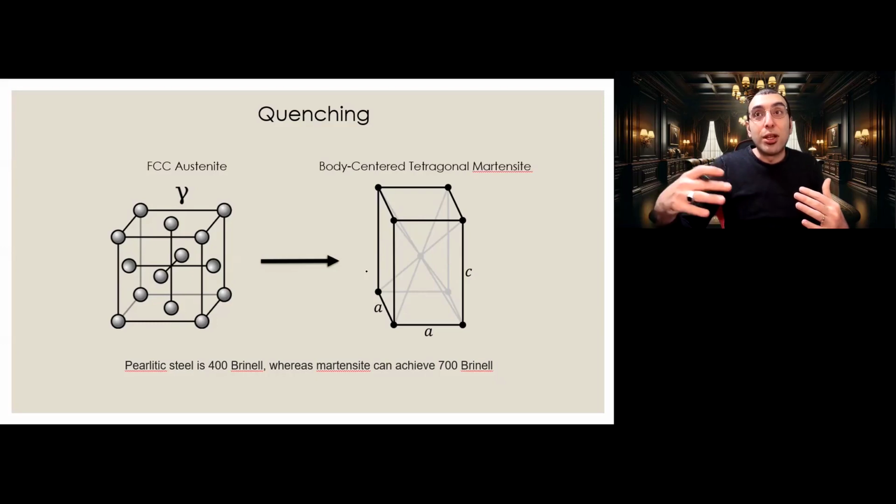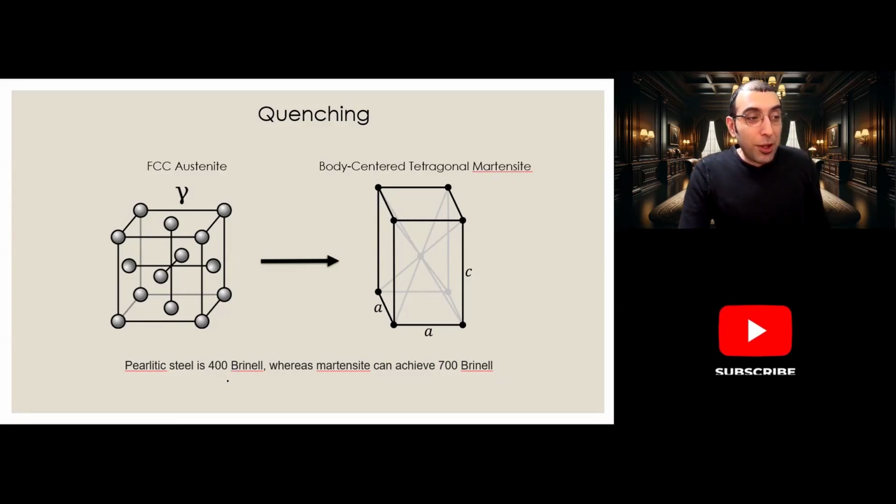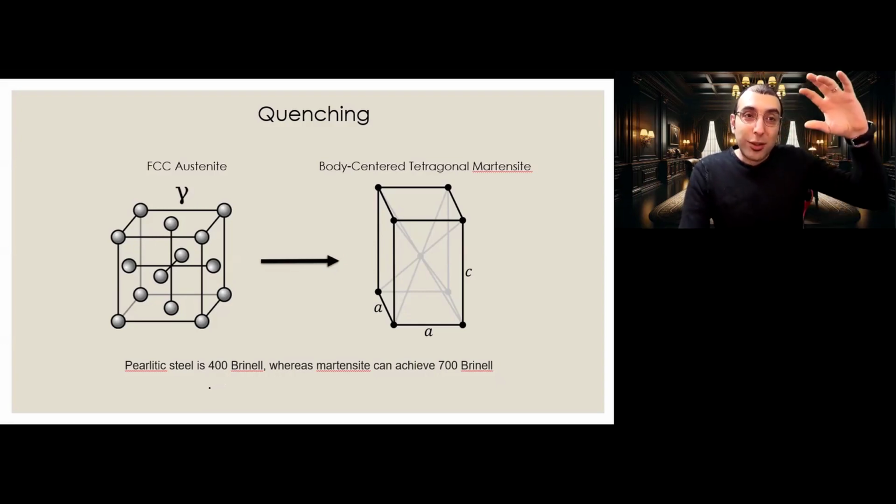So you can no longer rely only on phase diagrams to predict what kind of phases you get. And these are the numbers for steel: when you cool down austenite slowly to get pearlitic steel, it has 400 Brinell hardness.